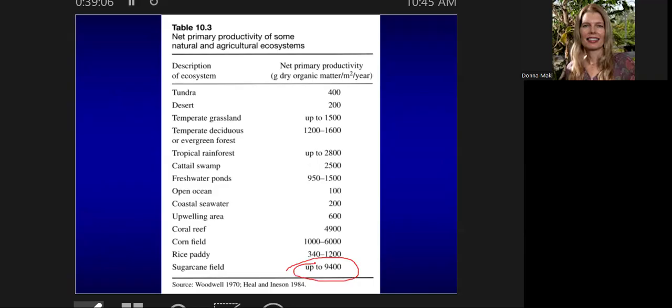Of course, that's a human-made habitat. If you look at some of these other more natural habitats, cornfields on there too. So human habitats, you can see how we can definitely alter primary productivity.